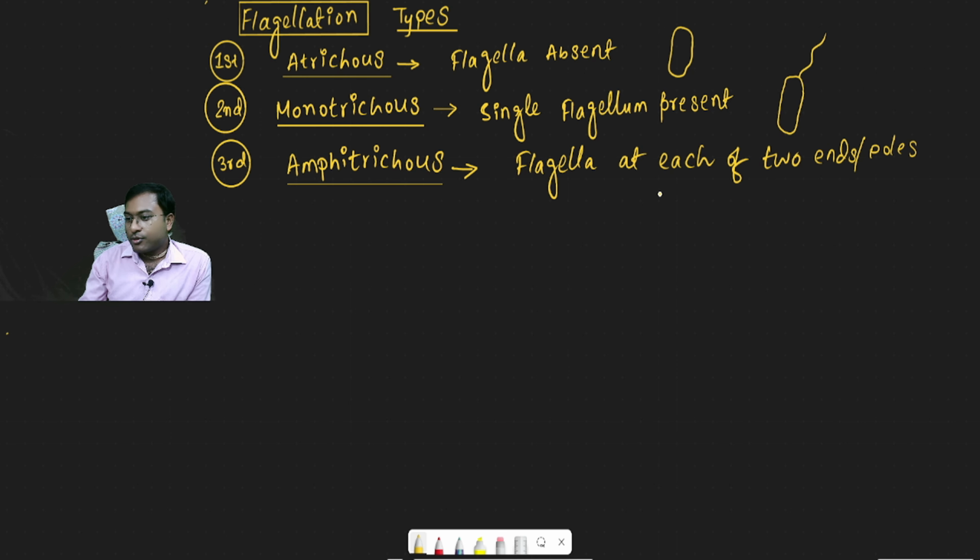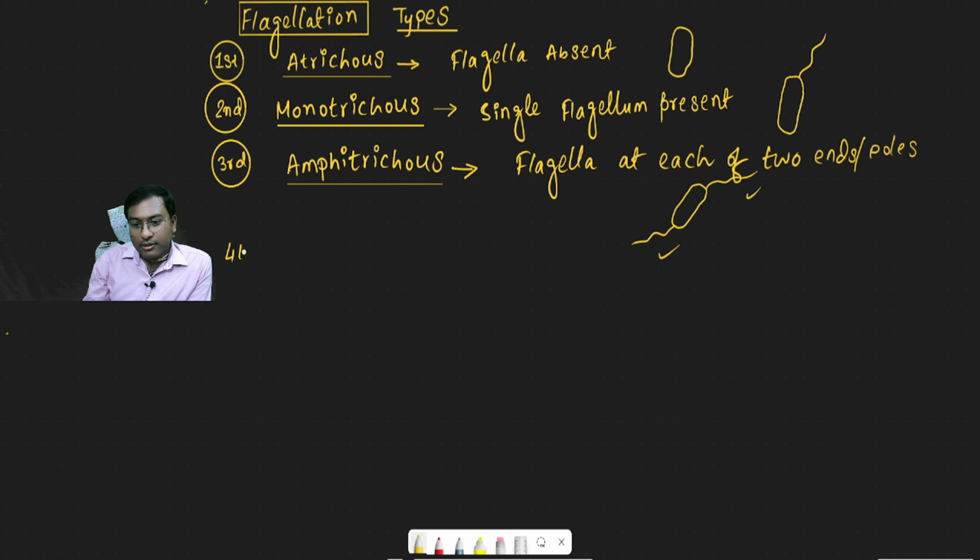If I show the diagram, at each end there is a single flagellum. In this end one flagellum and in this end a single flagellum, so there are two flagella present at each of the two ends.